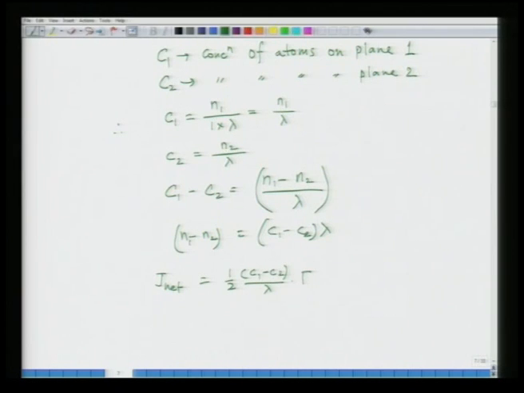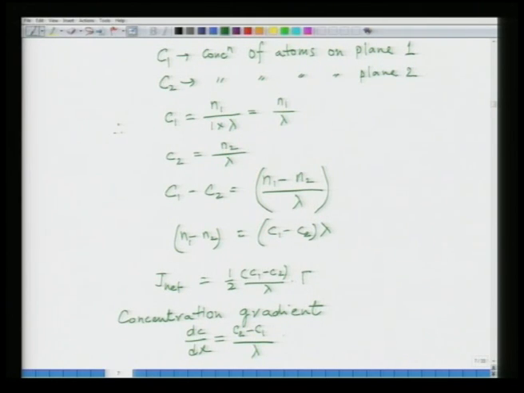Now, we can also work out what is the concentration gradient. Concentration gradient is dC by dx, and that is equal to the concentration at plane 2, C 2, minus concentration on plane 1, divided by lambda.